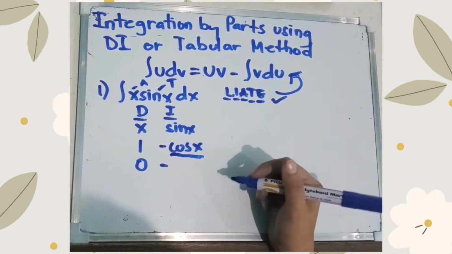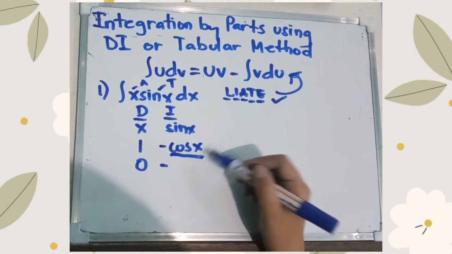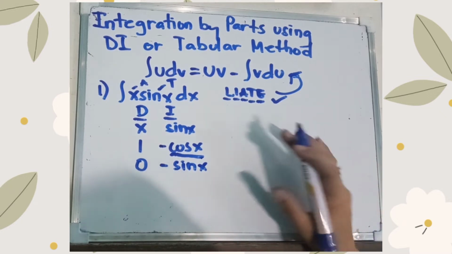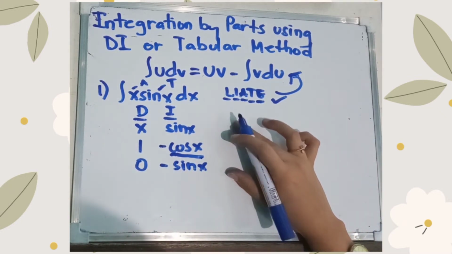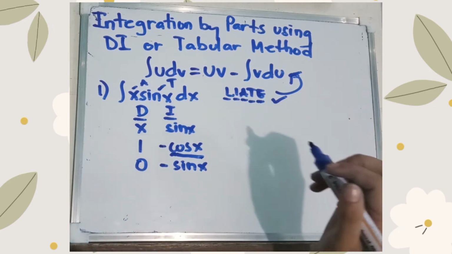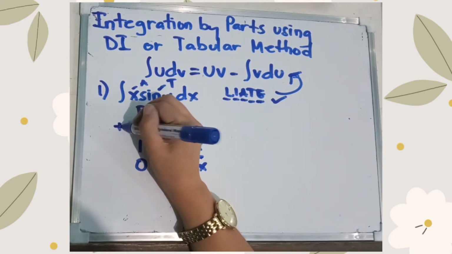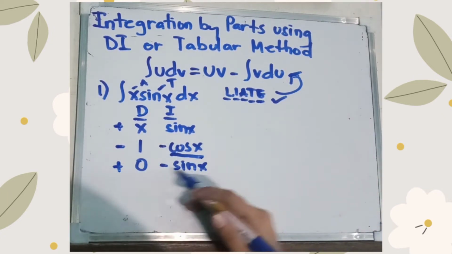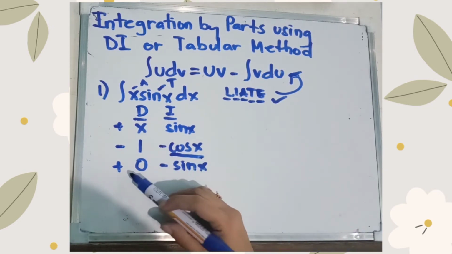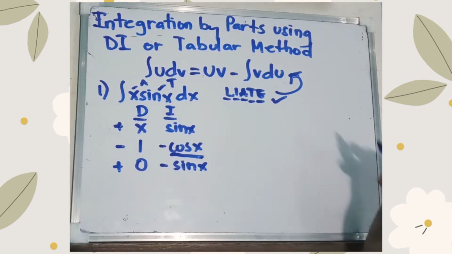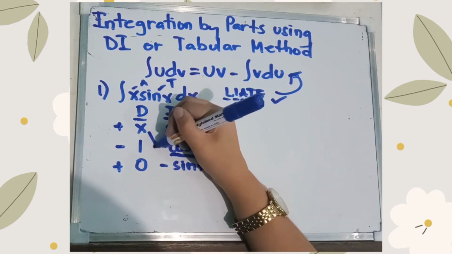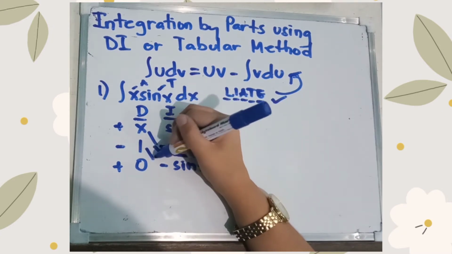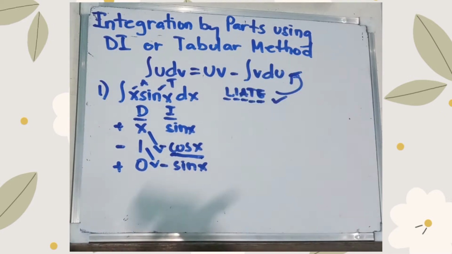As a review, the integral of cosine x is simply sine x. After that, we will assign positive and negative signs, and they should alternate: positive, negative, positive. If we have additional rows, we keep on alternating the signs. After that, draw diagonal lines: x to negative cosine x, and 1 to negative sine x.